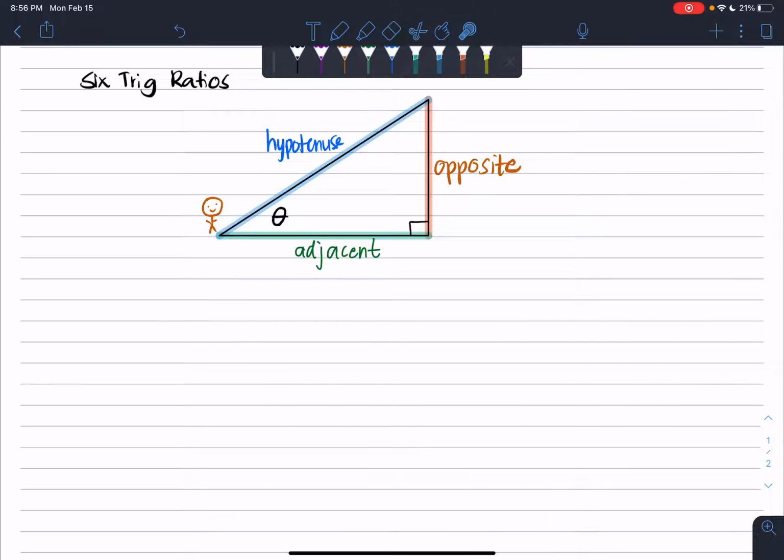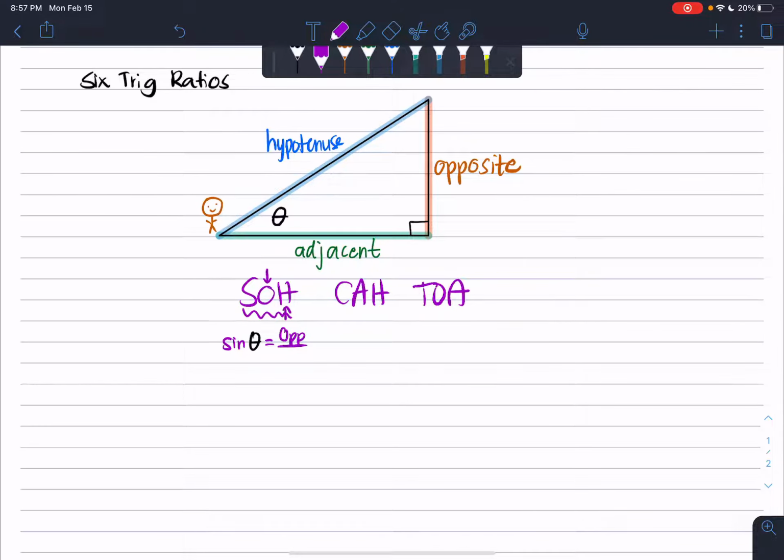Now, understanding the hypotenuse, opposite, and adjacent sides, we then began to use SOHCAHTOA to help us remember how to set up sine, cosine, and tangent. Looking at SOH, that told us that the sine of our angle theta in this case is equal to O, opposite, over H, hypotenuse.